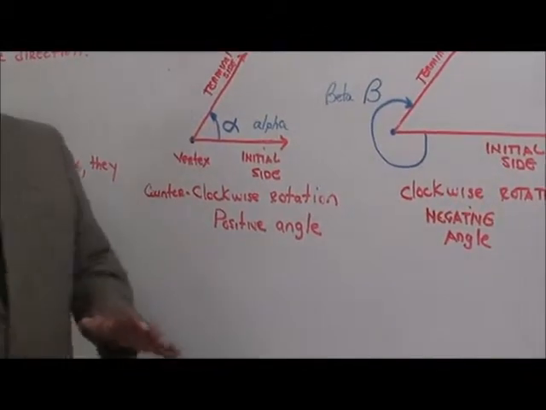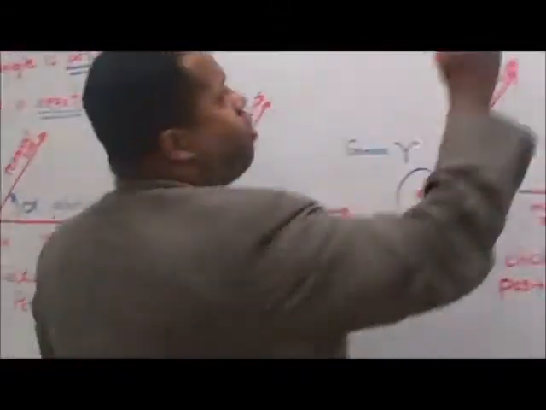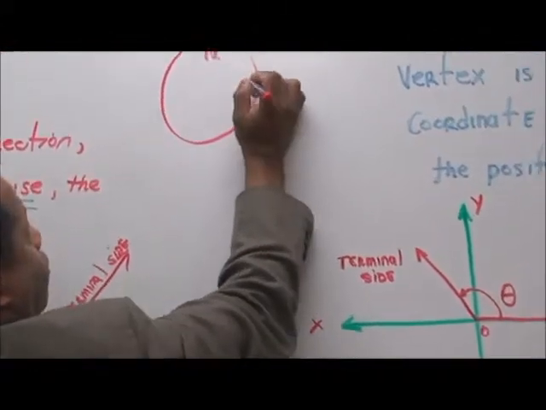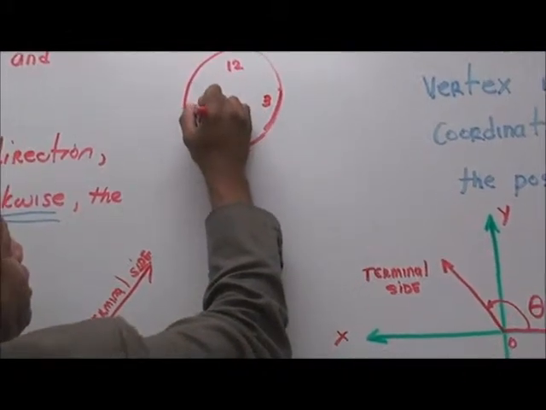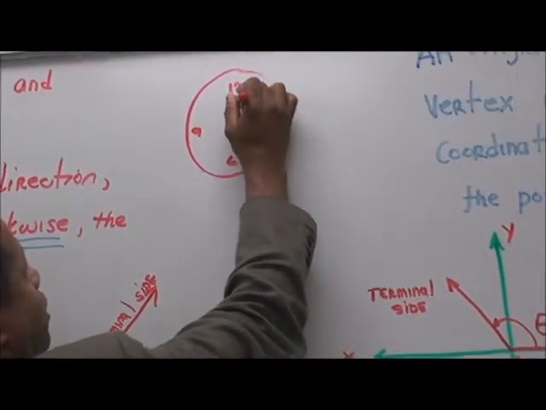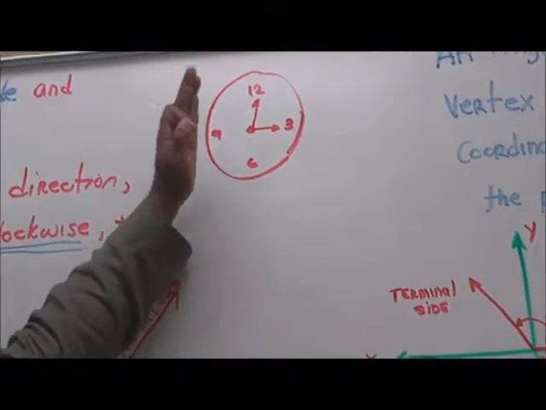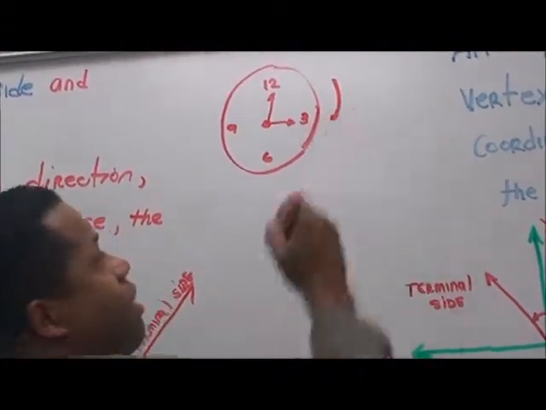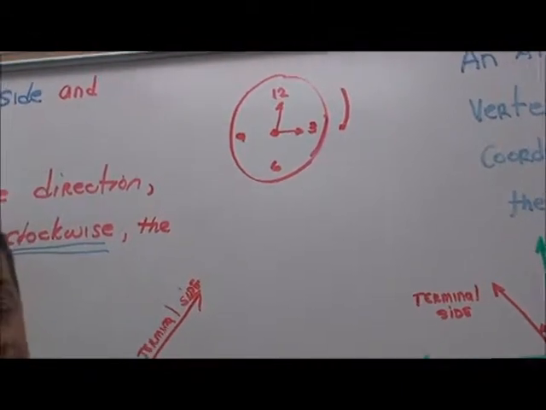Counterclockwise and clockwise motion: if you have a clock on the wall, I'll just show this very quickly, you have 12, 3, 9 o'clock, and 6 o'clock. And you have two hands here. Let's say this is at 3 o'clock. This is the small hand, this is the big hand. Going this way is a clockwise motion.